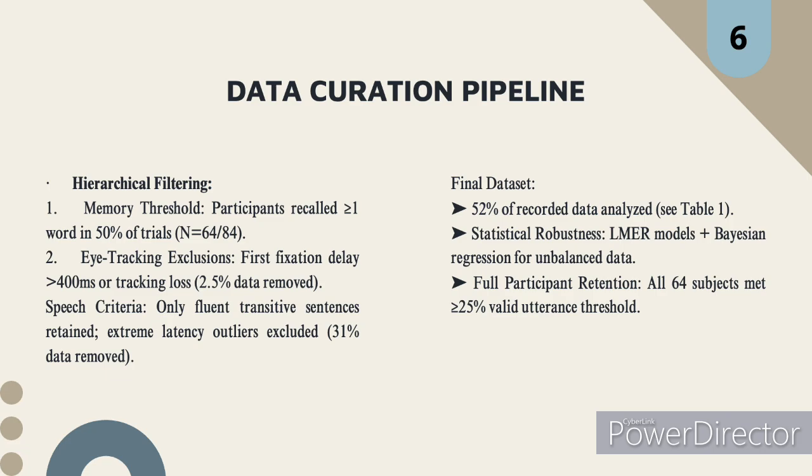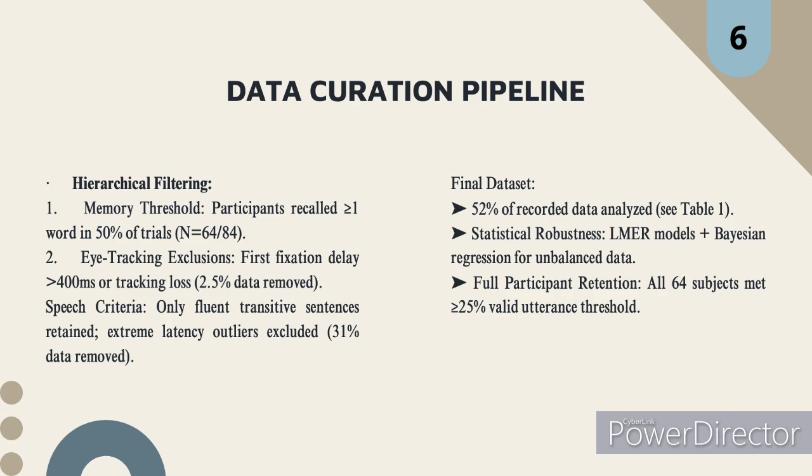The task was so difficult that participants had to work hard to memorize the words. In more than half of the trials, only 64 of 84 people remembered at least one word.